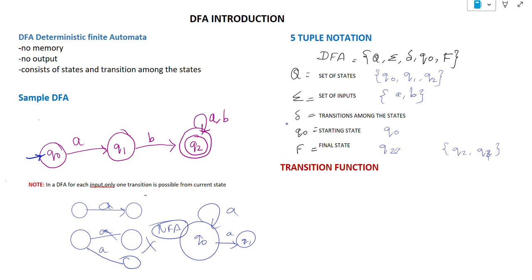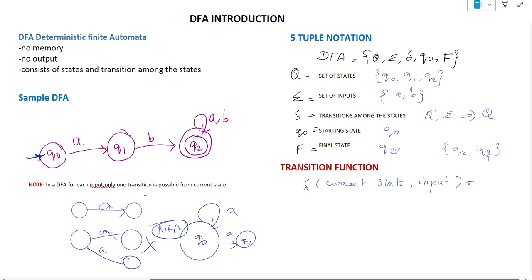The transition function delta is defined as: when the current state q accepts one of the inputs, it moves on to the next state, that is, delta of current state comma input gives the next state.